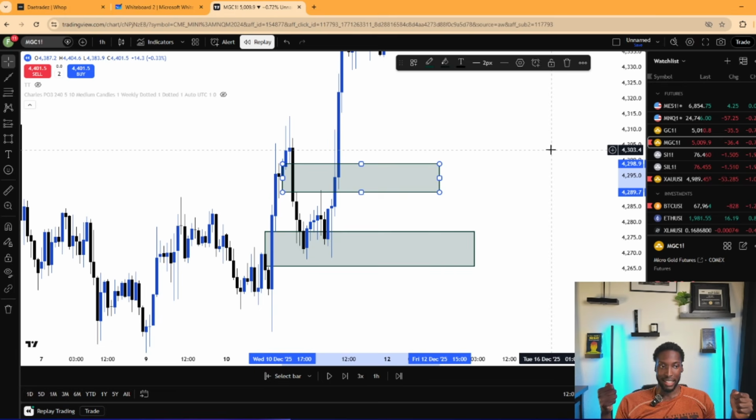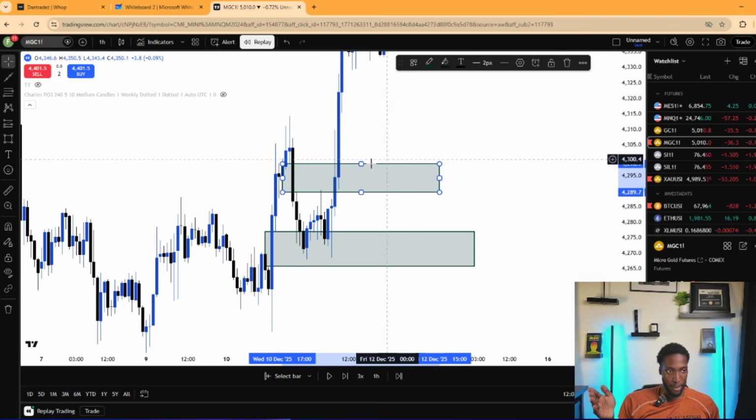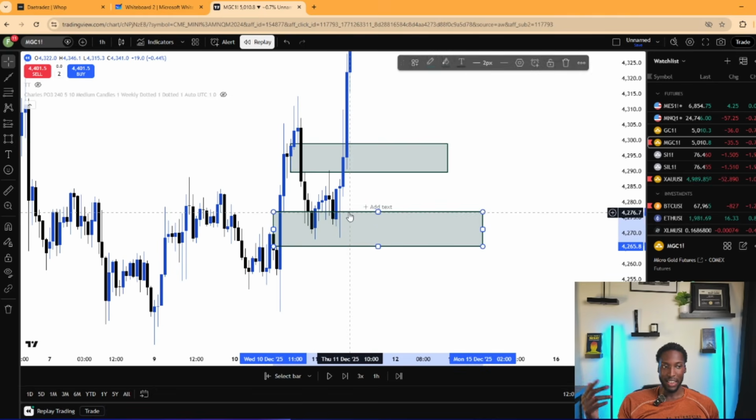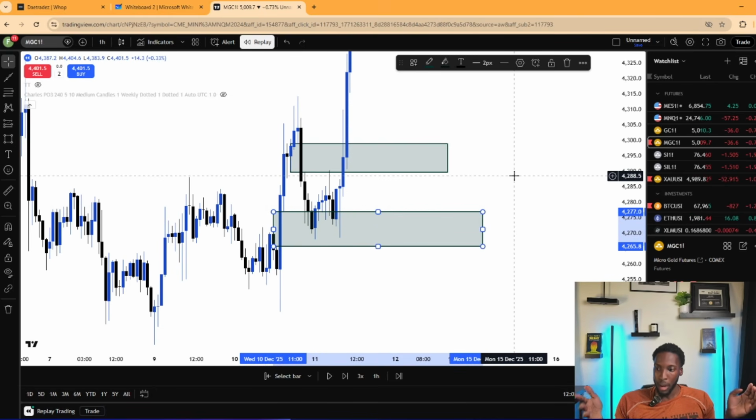And when price gets inversed, that's an indication that we are in the opposite order flow. So if we have a bearish fair value gap here and we inverse it, that's an indication that we are in bullish order flow. If we have a bullish fair value gap here and we respect it, that's an indication that we are still in bullish order flow. So if we are bullish on a day, we want to see bullish fair value gaps hold and bearish fair value gaps get inversed. That will let us know what side of the market we're on.